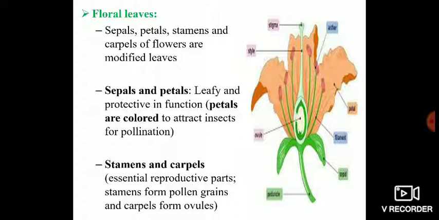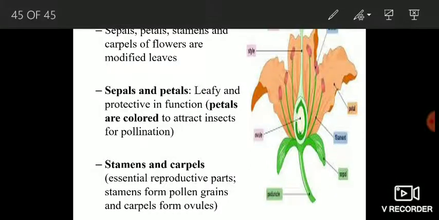They do not take part in reproduction. And one more interesting feature about petals is they are brightly colored, and this helps them to attract the insects for pollination. Here you can see this whorl which is known as corolla, and it is composed of petals. These petals are brightly colored and they attract the insects for pollination.